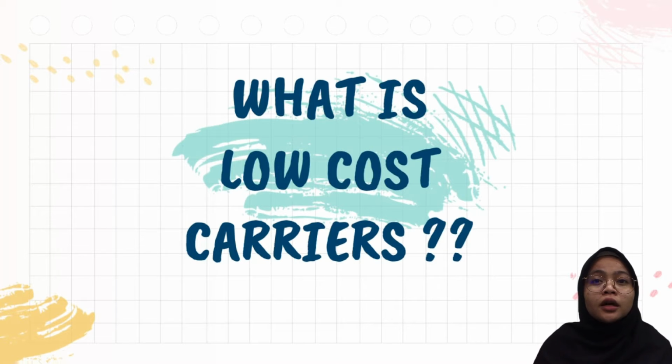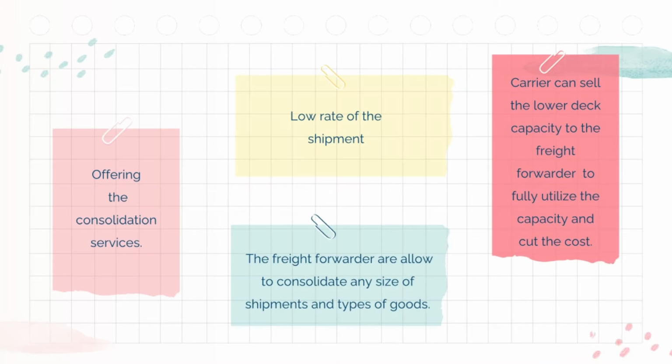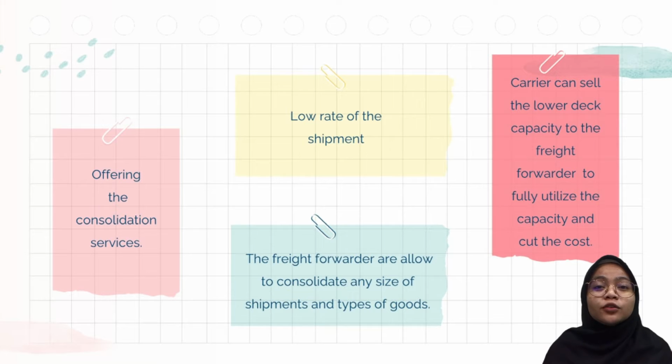Low-cost carriers also operate short or medium-haul routes that carry cargo and passengers. LCCs offer very limited lower deck cargo capacity, up to 1 tonne for cargo after full loads of passengers and their bags. LCCs are able to provide more service to freight forwarders by offering consolidation service.